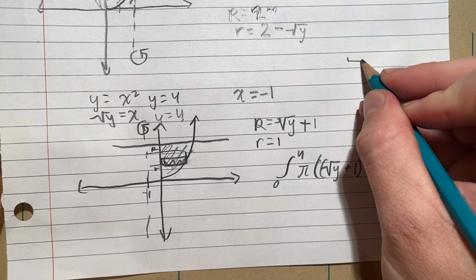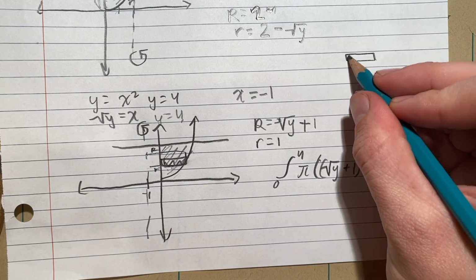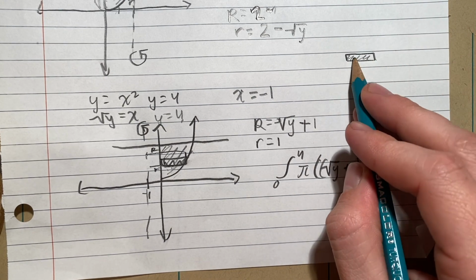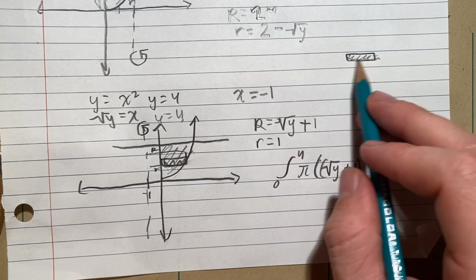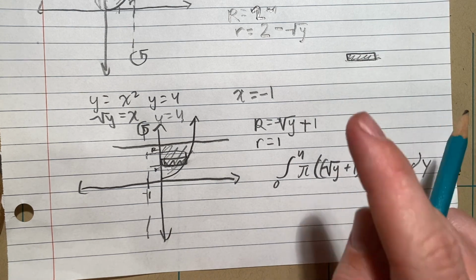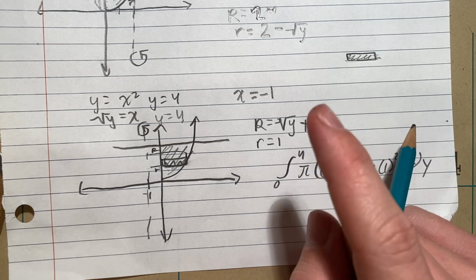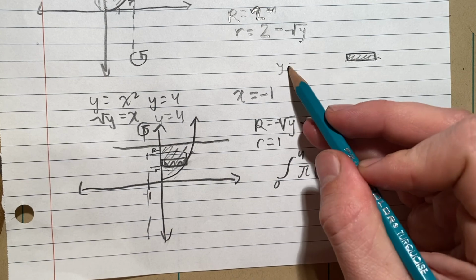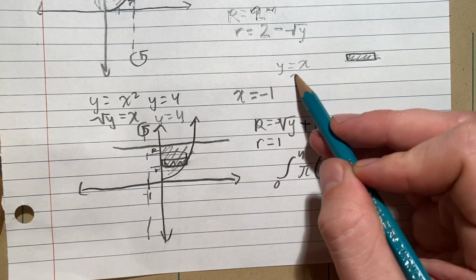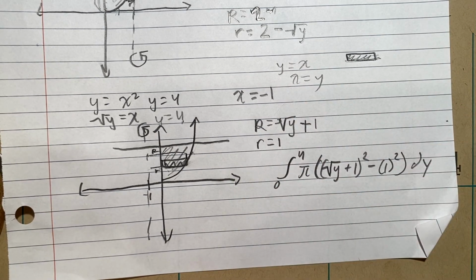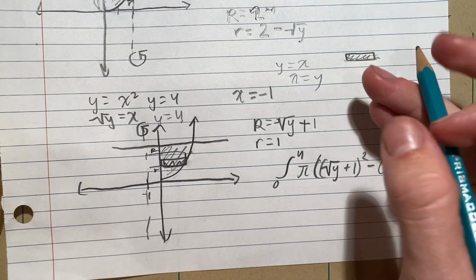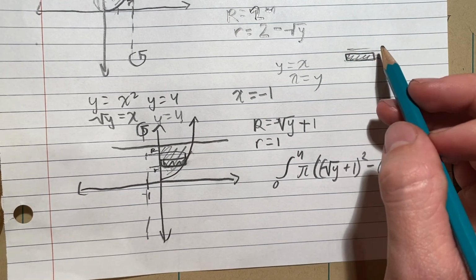If you ever see your rectangles horizontal, you know that you're going to need to change your functions from y equals x to x equals y. That's just how it has to be. And when you think of it, it's because it's horizontal, right?